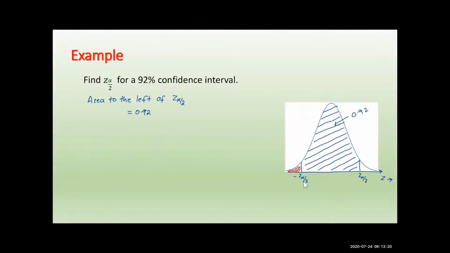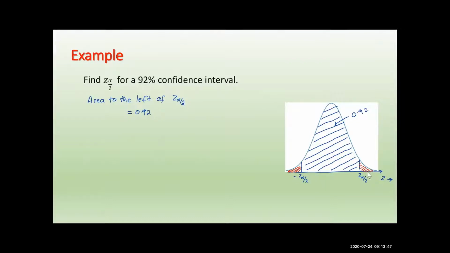By symmetry, this area and this one here are equal. If you look at it carefully, this is 92%. Out of 100%, when you subtract 92%, 8% area is remaining. So the area on the right and the area on the left, added together, is 8%.